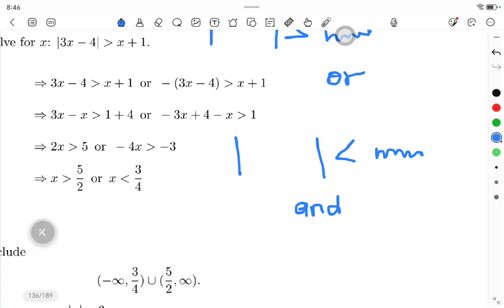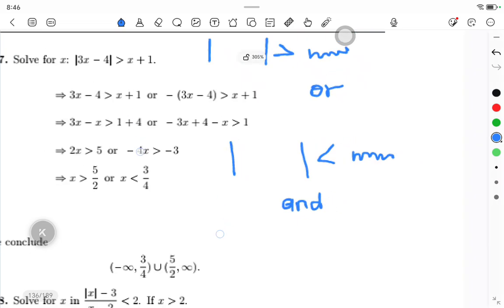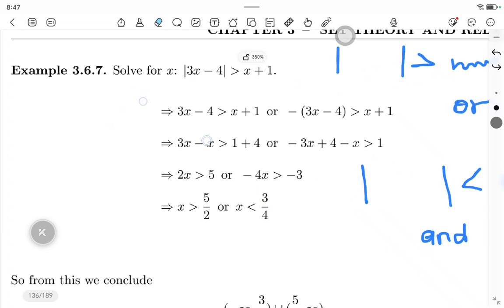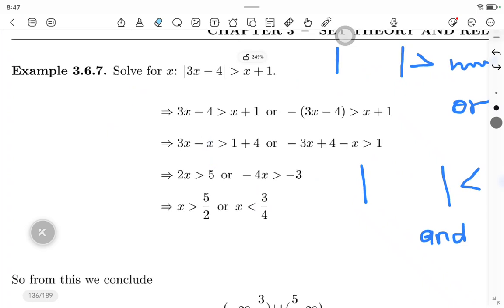So let's look at this first example, then we'll come back to this. Or let me not erase them. The example we're given says we must solve for x if the absolute value of 3x minus 4 is greater than x plus 1. We have something here which is not 0, so we're going to use this method to separate them.